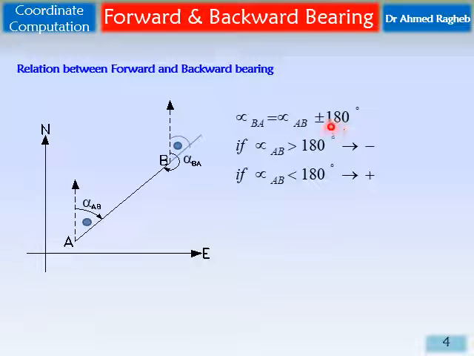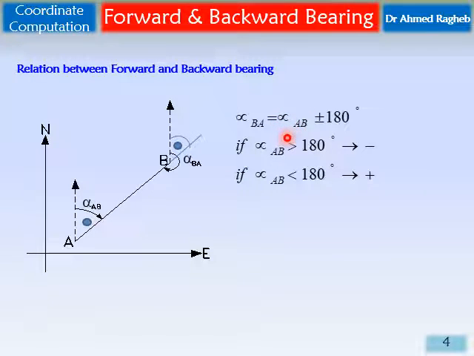Do we add 180 or do we subtract 180 degrees? Well, if the bearing that you have is greater than 180 degrees, then you use the minus sign. If the bearing that you have is smaller than 180 degrees, then you use the positive sign. It doesn't matter even, because if alpha AB equals 200 and you added 180 degrees, then alpha BA will equal 380, and we don't have anything greater than 360.